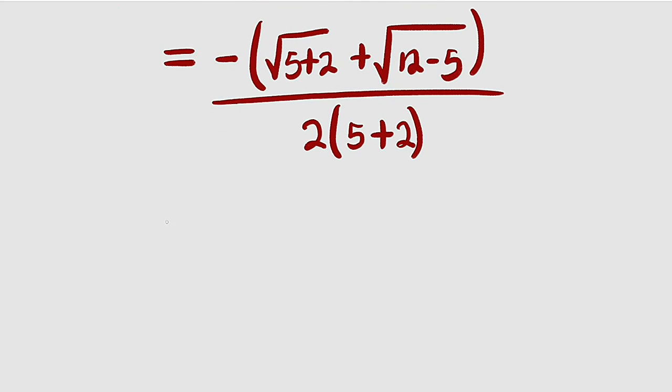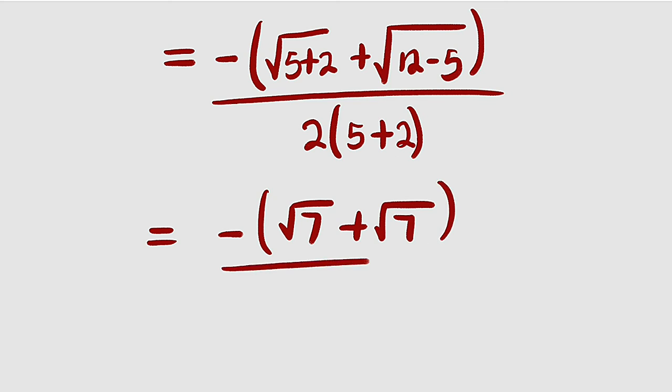So this is equal to negative, 5 plus 2 is 7, so we have root 7, plus 12 minus 5 is also 7, so we have another root 7. To the bottom we have 2 multiplied by what? 5 plus 2 is 7.